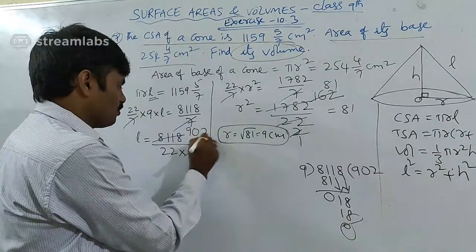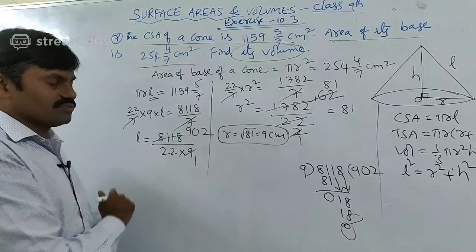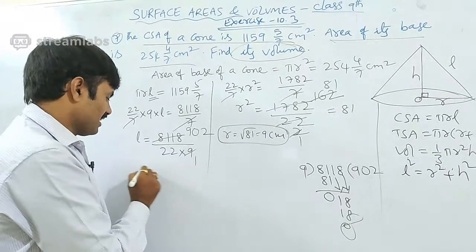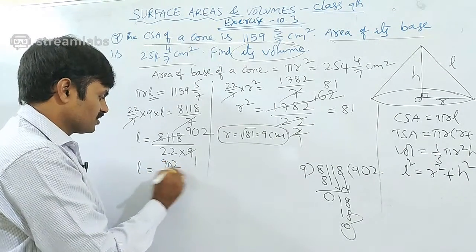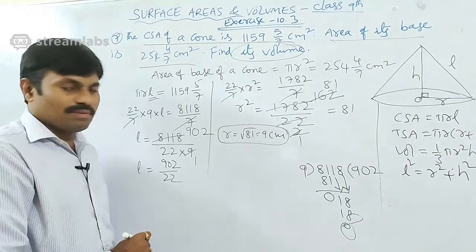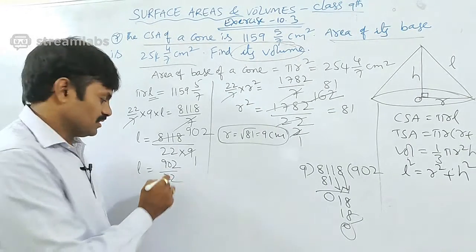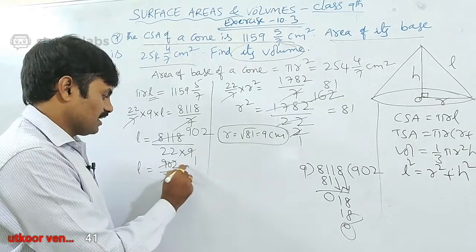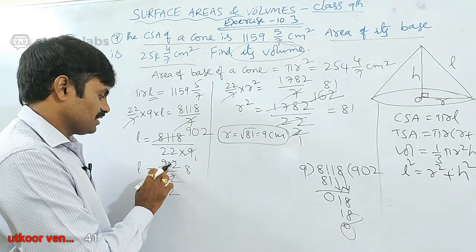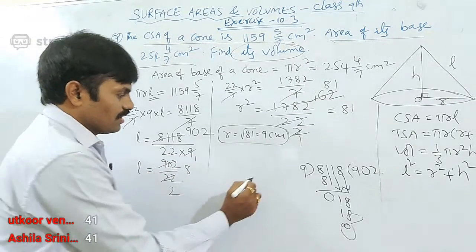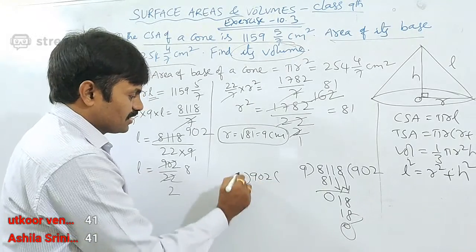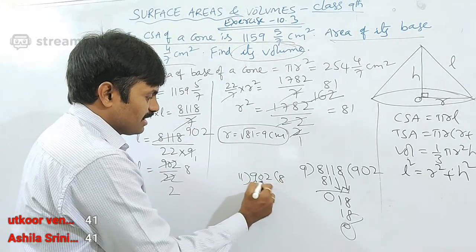So 902 by 22. Which table is possible? Obviously we can guess the 11th table. 11 2 is 22, 11 8 is 88. If I divide 902 by the 11th table, 11 8 is 88.